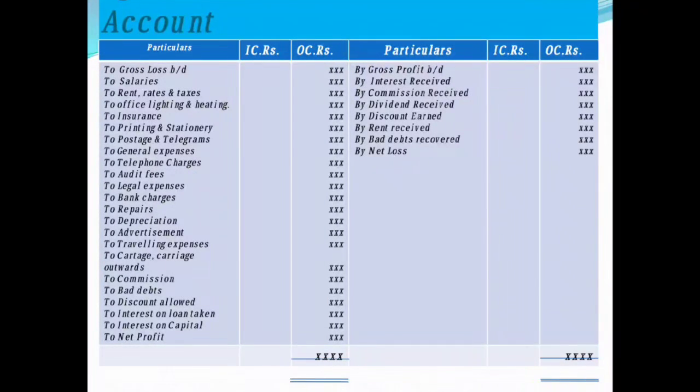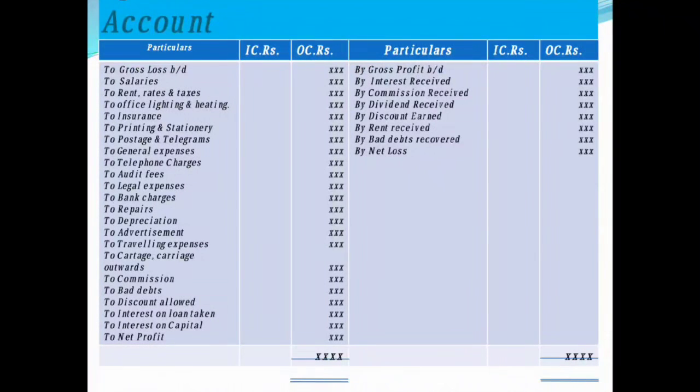Credit side, debit side: you see all the indirect expenses on the debit side, and on the credit side all the indirect incomes. First we have recorded gross profit here, whichever is received, and on the debit side we have gross loss, whichever is brought down from the trading account. Either gross profit or gross loss is brought down from the previous account, that is the trading account.